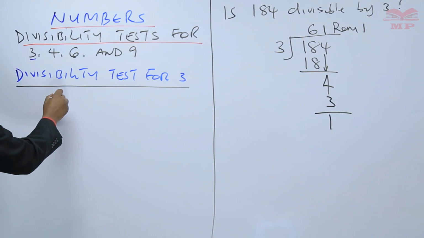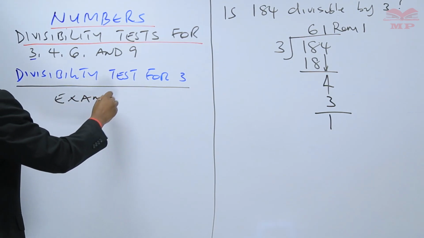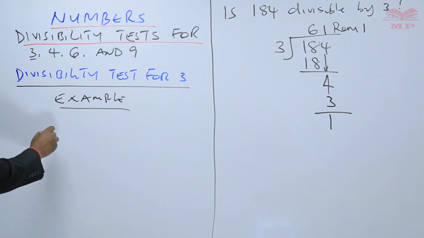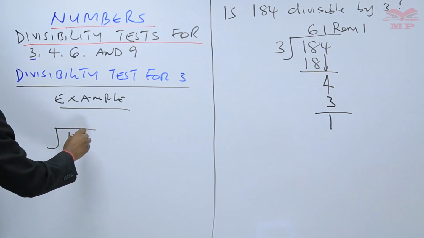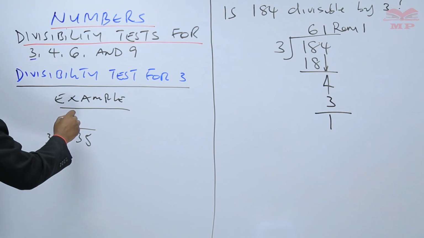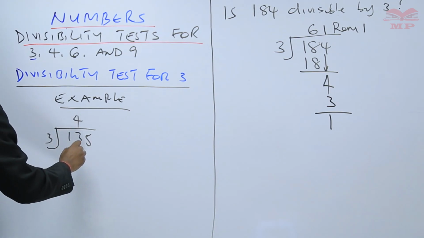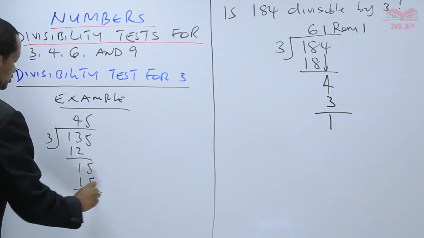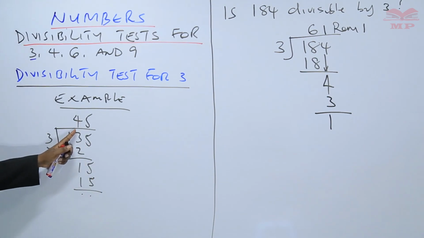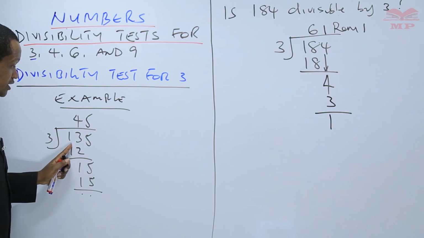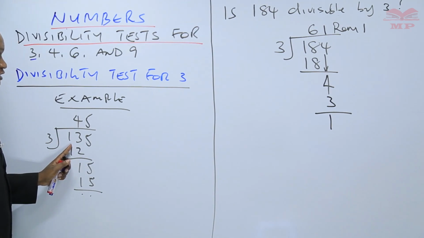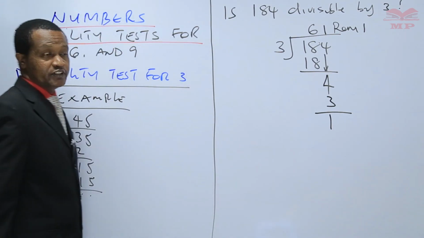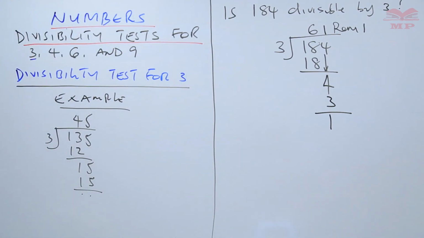The example I gave here, 135 is divisible by 3, and you saw how I divided it. I divided 135 by 3. 3 goes here 4 times. This is 12, then 45, 15. So 135 is divisible by 3, but 184 is not divisible by 3.